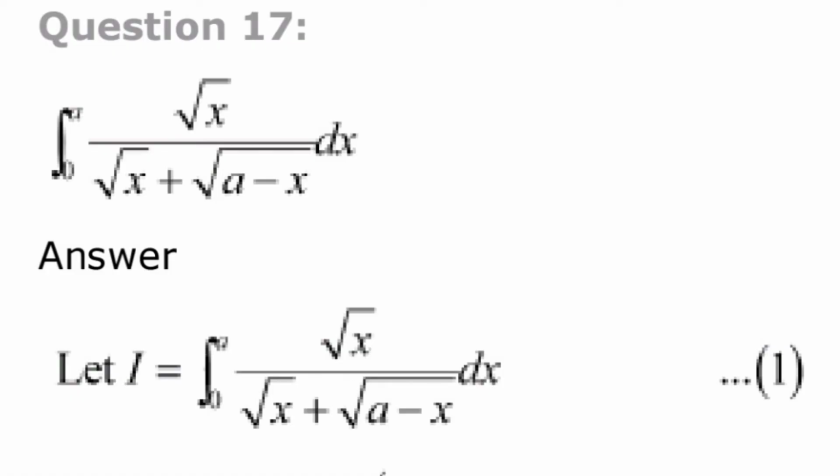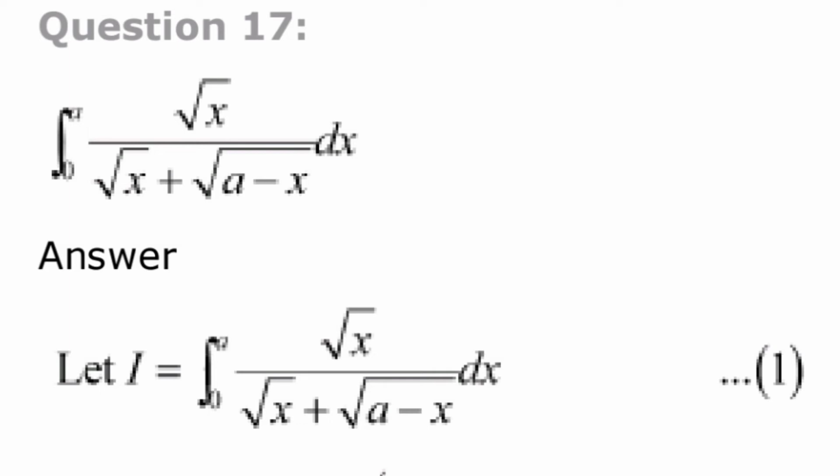So next, question number 17. This is also a very important question for CBSE class 12. So my students, look at question number 17. It is given the integral from 0 to a of root x upon root x plus root of a minus x, and it is denoted by I, because it is 0 to a.